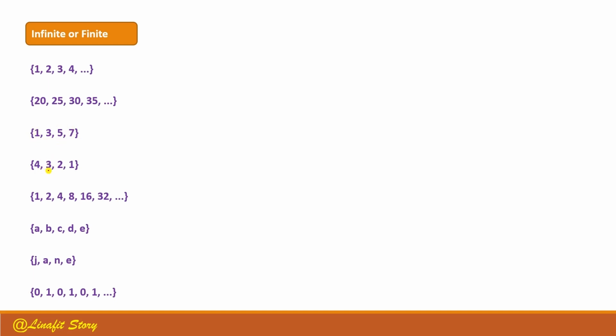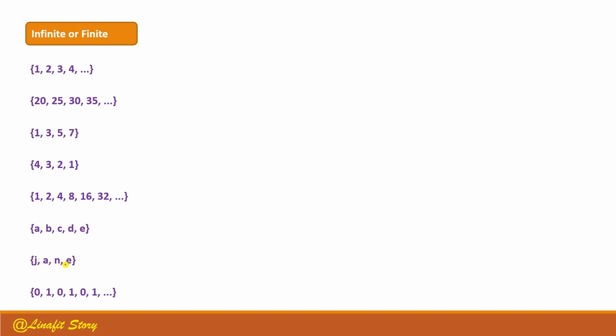4, 3, 2, 1 is 4 to 1 backwards. 1, 2, 4, 8, 16, 32, and so on is an infinite sequence where every term doubles. A, B, C, D, E is the sequence of the first 5 letters alphabetically.